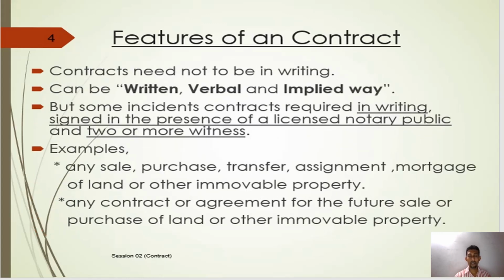So these are some of the key features we can see in an insurance policy. And moreover, they say the contracts need not always be in writing. So it can be in terms of written or verbal or even implied way. So that's when we talk about the common contracts. But sometimes we really need a written document. Now if you look at this case, a situation where you are buying or selling or even transferring or even mortgaging your land or any movable property or immovable property.